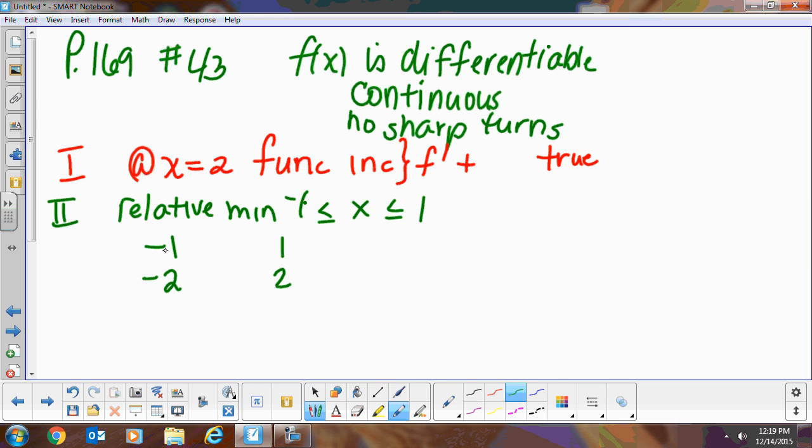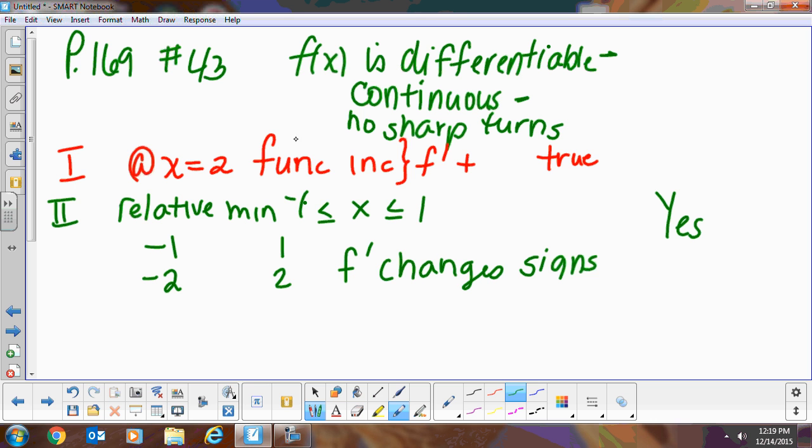But what is happening from negative 1 to 2? The first derivative changes signs, right? Now, the first derivative changed signs, and we know it's differentiable, and we know it's continuous. So is there going to be a relative minimum? Yes. Does it have to be at x equals 0? Not necessarily. Could x equals 0 be a maximum?